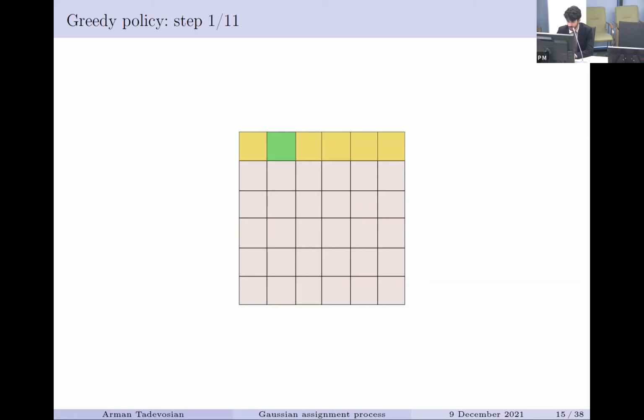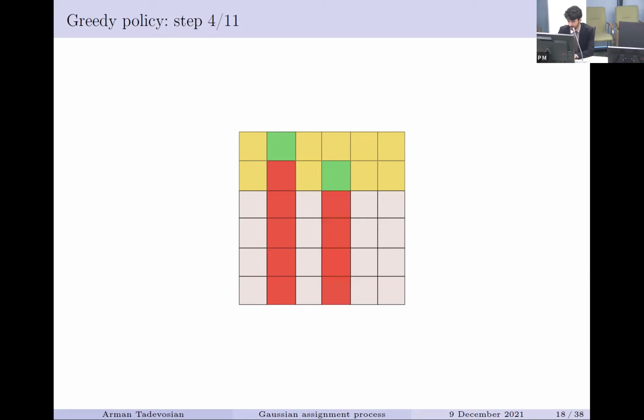On the next step, we prohibit all the squares in that column from being chosen further. Then we take the maximum value in the second row, but if the maximum were in the second column, we would simply ignore it, because that column is unavailable to choose.